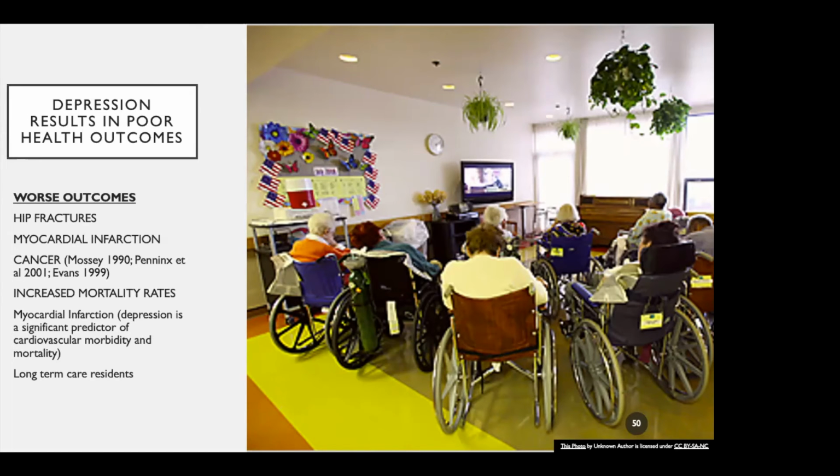In fact, for myocardial infarct, depression is a significant predictor of cardiovascular morbidity and mortality. That means if you have an MI and you have depression, it's a predictor that it will get worse and you may even die. So how important it becomes that in cardiology, in specialty care, you are actually screening for depression.